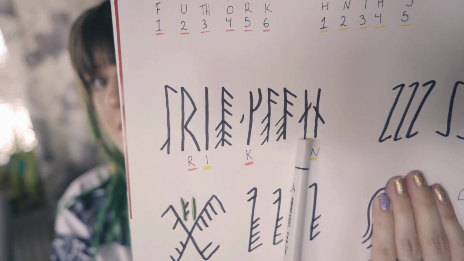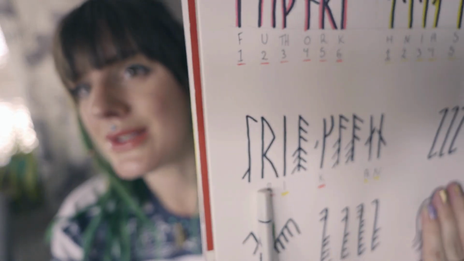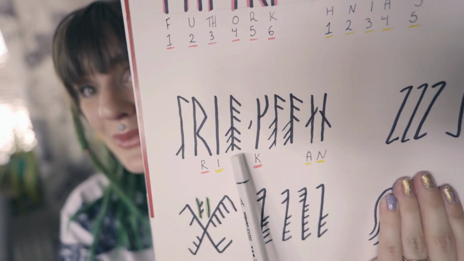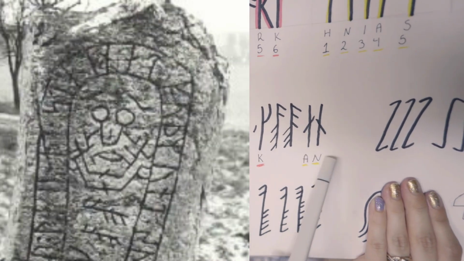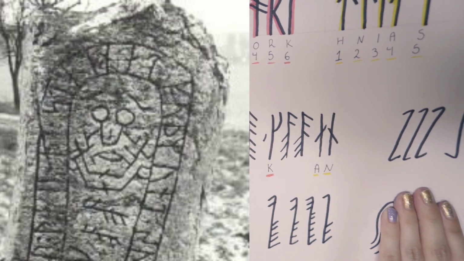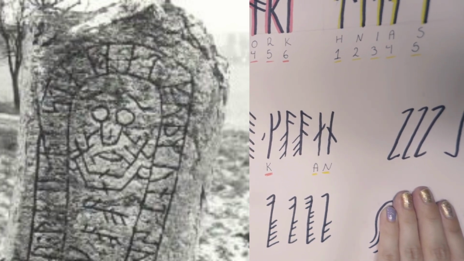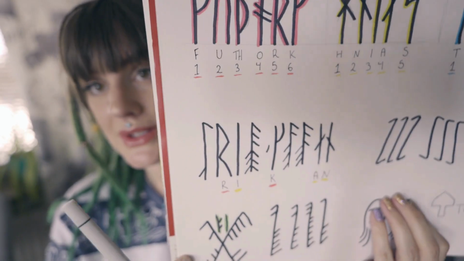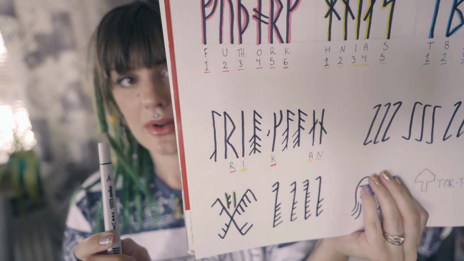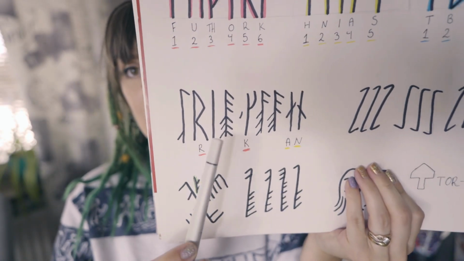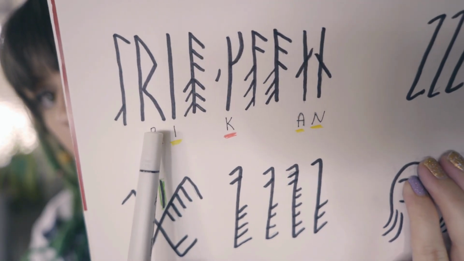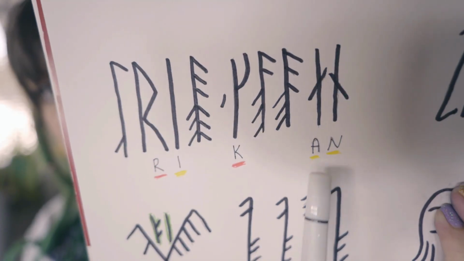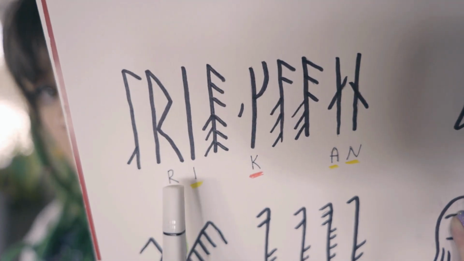These last runes you see here are so easy to spot on my piece of paper, but if you look at the stone, which I will pull up here, they're kind of hidden in the mustache or beard of the face on the stone. Since you guys are rune experts now, we can see that these are normal runes on the stone, which we already know from the Younger Futhark.